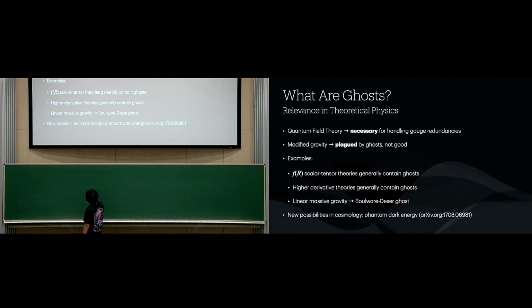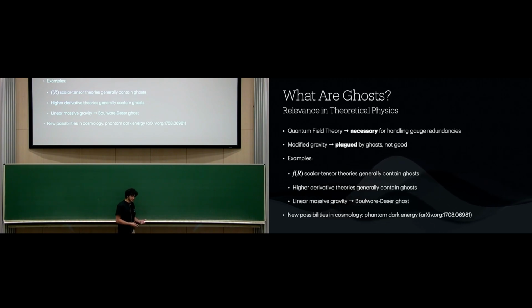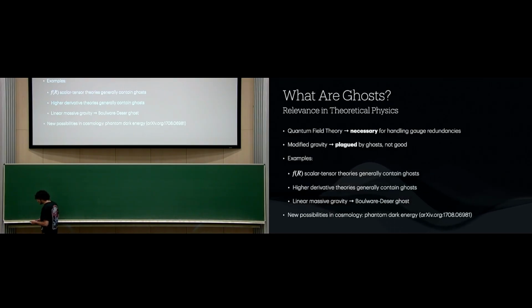Also, there are some new possibilities in cosmology. Essentially, we have some observations today. Recently, there was a paper that came out from the DESI measurements, which hints, or at least suggests, that there is a possibility that the cosmological constant changes in time. And this would correspond to an equation of state parameter that is less than -1.